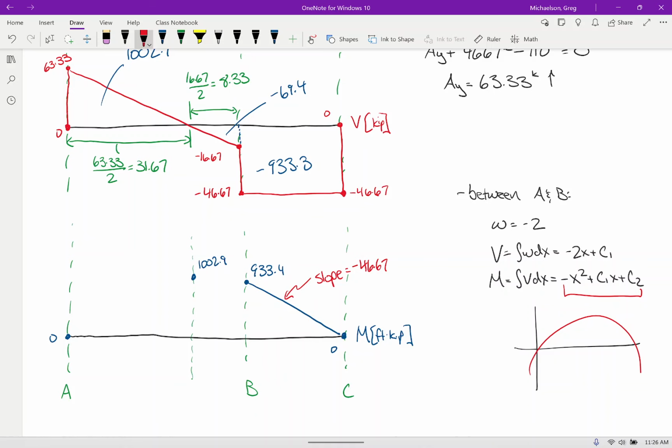Okay? And remember, this is where the slope equals 0, because that's where it intersects. So our moment diagram looks like that.